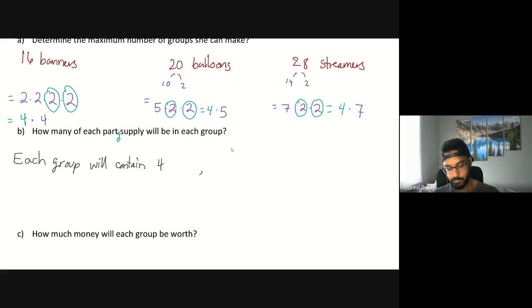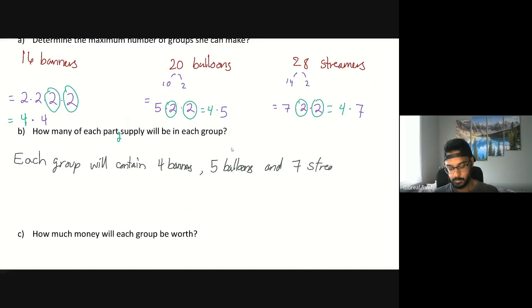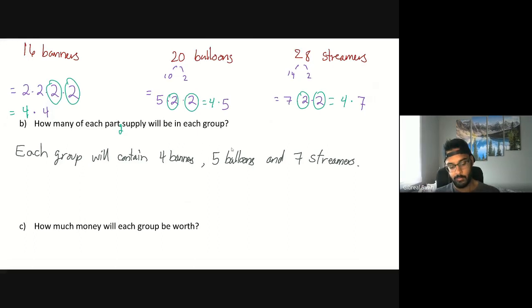I read the wrong one. 4 banners, 5 balloons, and 7 streamers. I can't write this morning. Streamers. Okay. And we're going to have 4 groups total. Okay, we're going to have 4 groups in all with this amount of stuff in the groups.